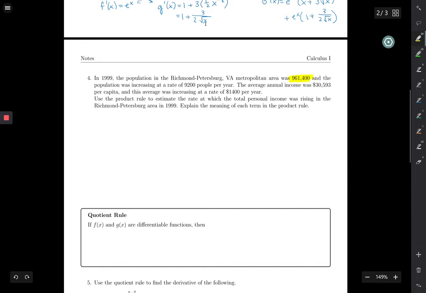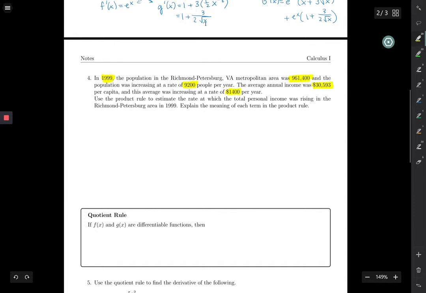So that it was 961,400, and the population was increasing at a rate of 9,200 people per year. And this was in 1999, right? The average annual income per capita was 30,593 and was increasing at a rate of 1,400 per year.